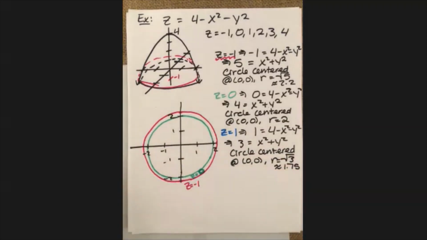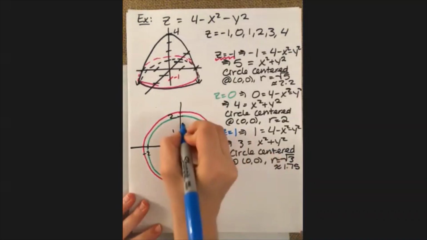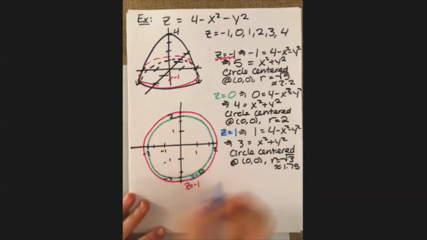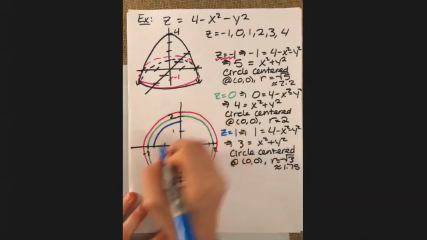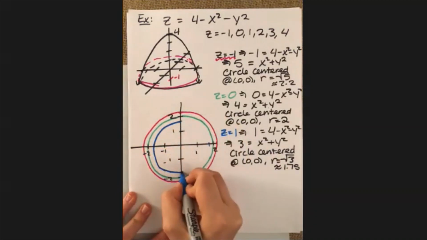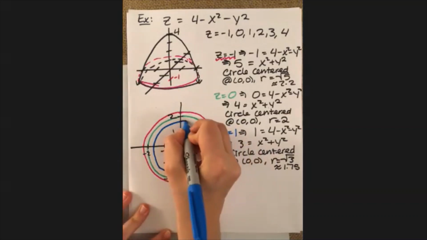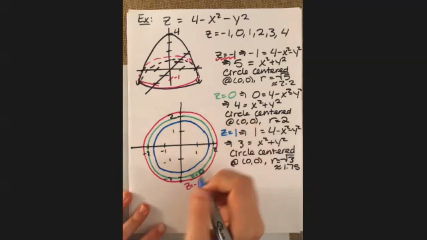So let's graph that one in blue. 1.75 is going to land us just above half. It's going to put us right around there. You can see how, as we're moving in toward the origin, our circles are maybe slightly spaced out, although it could be tough to tell with the way I've drawn them.